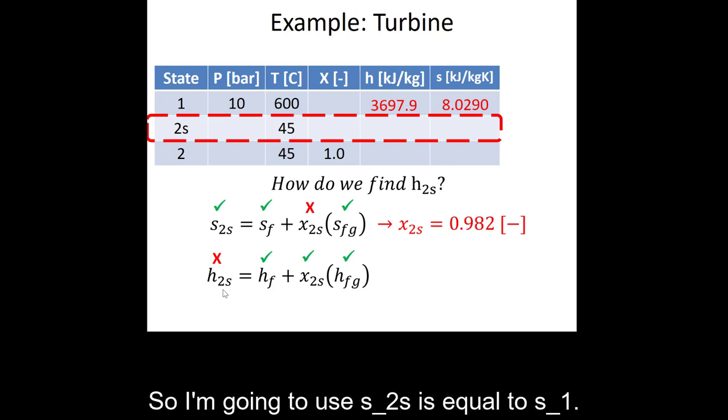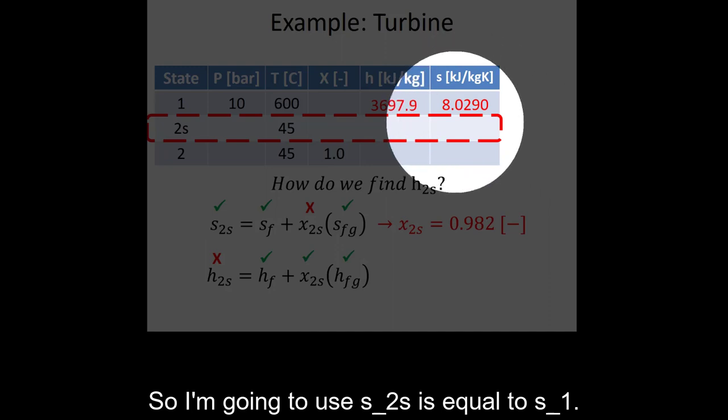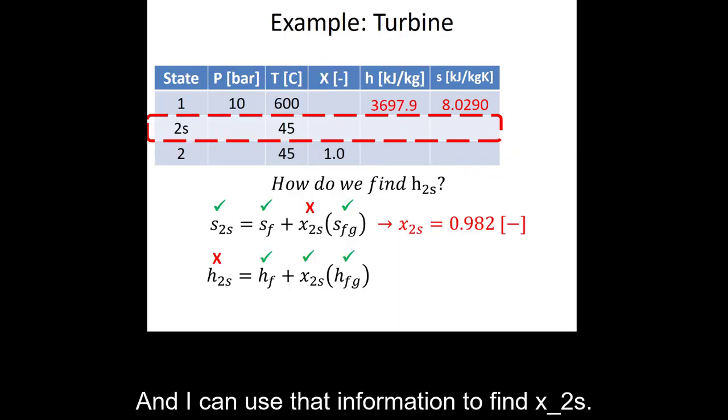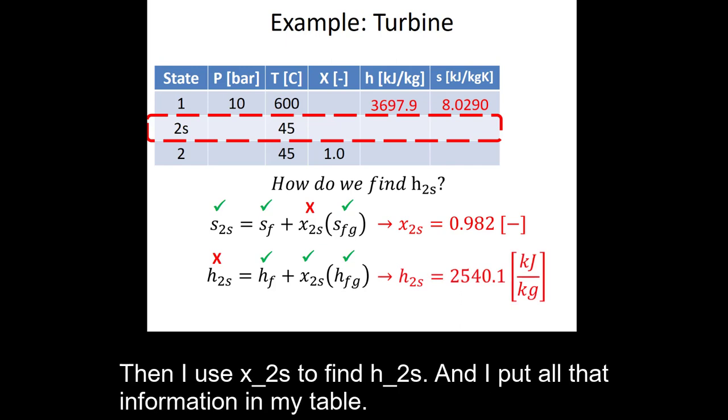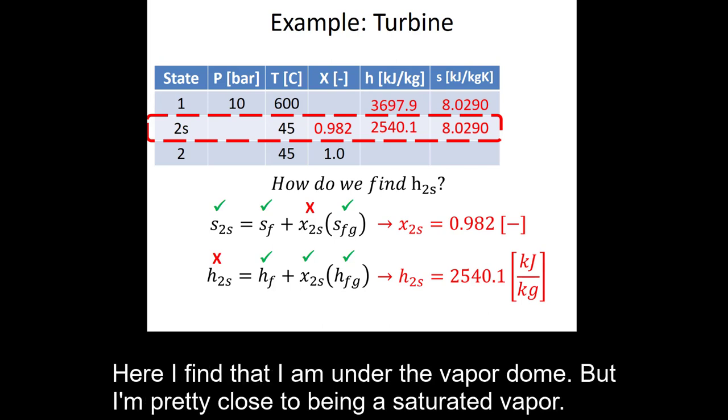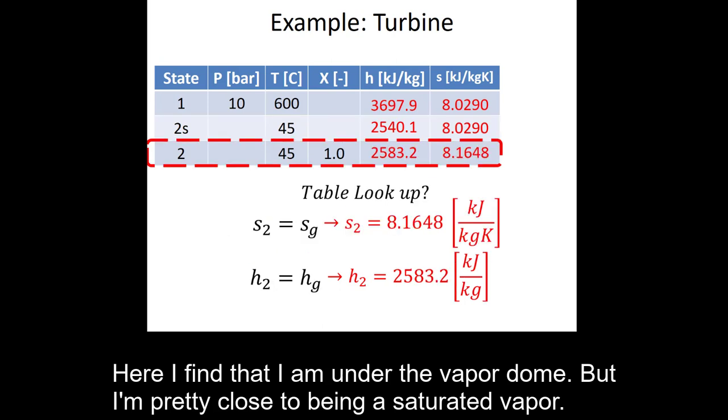So I'm going to use s2s is equal to s1, and I can use that information to find x2s. Then I use x2s to find h2s, and I put all that information in my table. Here I find that I am under the vapor dome, but I'm pretty close to being a saturated vapor.